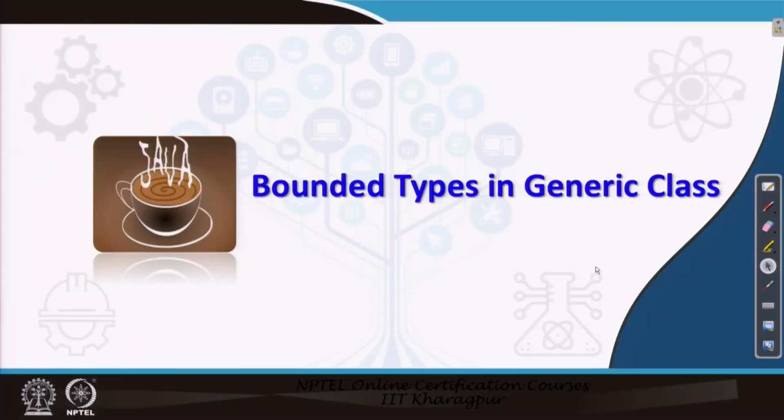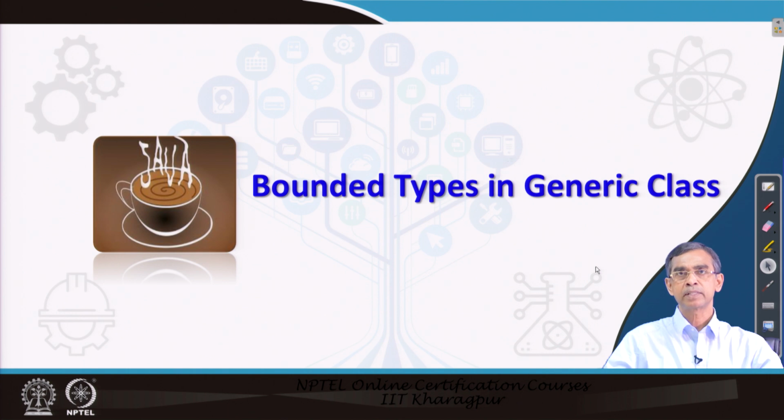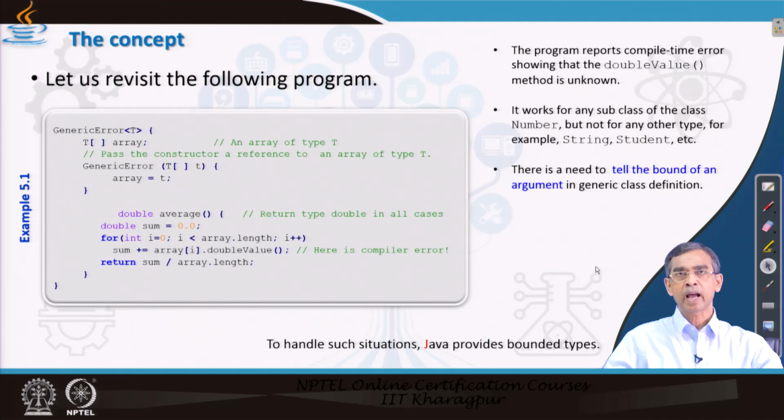Now, let us come to the discussion about bounded types in generic class definition. The problem that we faced in the last example, you can recall: if you define a template in generic programming, for a class or for a method, whatever it may be, but somehow do not define its scope properly, then it may invite certain problems.